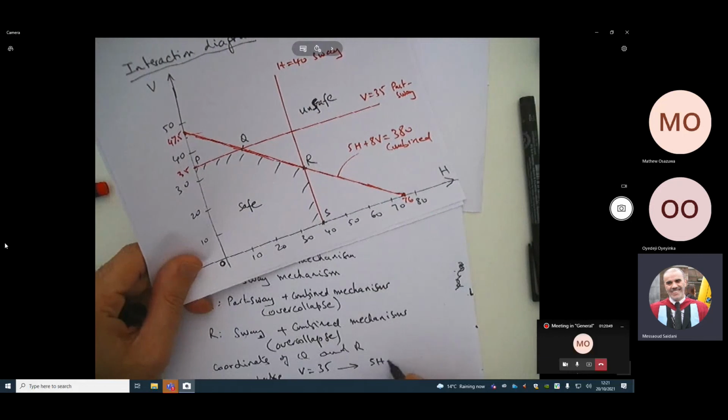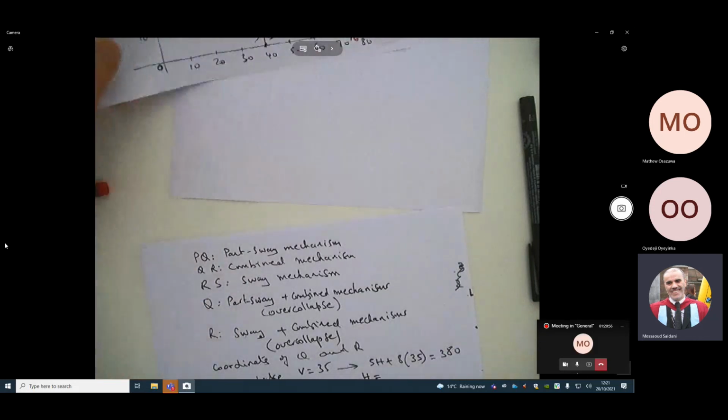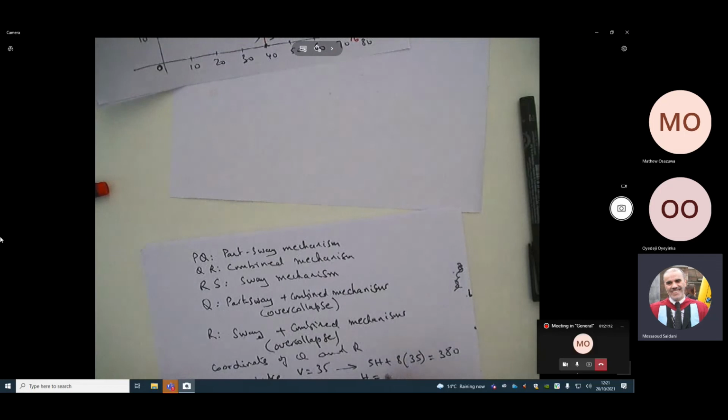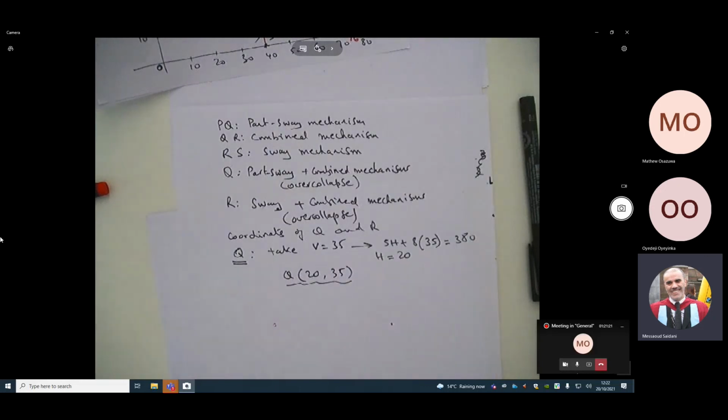Is that clear? So we have 5H plus 8 times 35 equals 380, which gives H, if you want to check the answers, 20. So H is equal to 20, so Q corresponds to the coordinates 20 and 35. Okay, so Q is 20, 35.